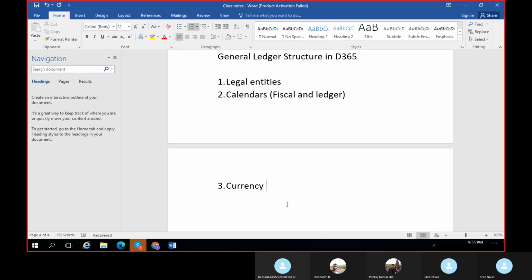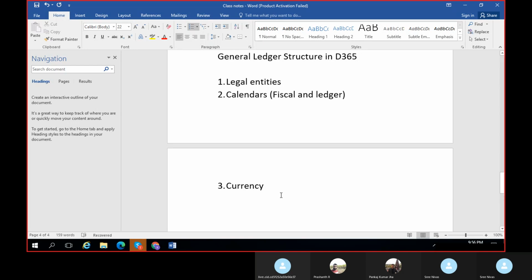If the parent company is in USA, and its subsidiary companies or sister concerns are located in different countries like India, Japan, China, and so on, the parent company currency is USD, and the Indian currency is INR. So every country will have its own currency, right?